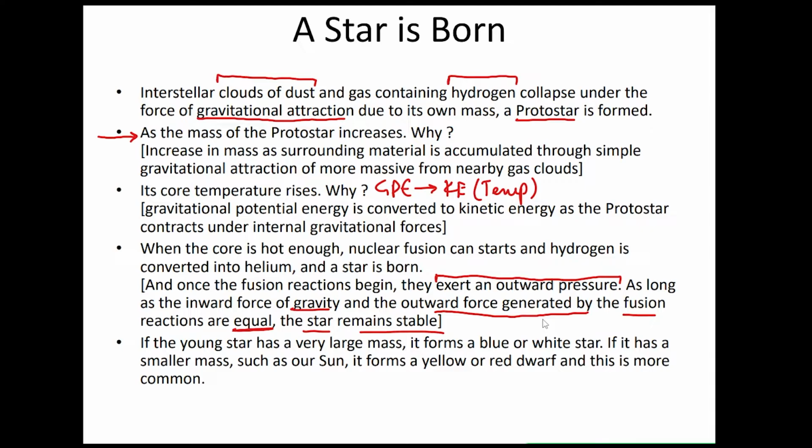So with our sun, the inward force of gravity, which is because of its own mass, is equal to the fusion taking place at the core, which is trying to push everything outwards like an explosion. As long as both of them are balanced, they exist in perfect harmony, and the star keeps on living.